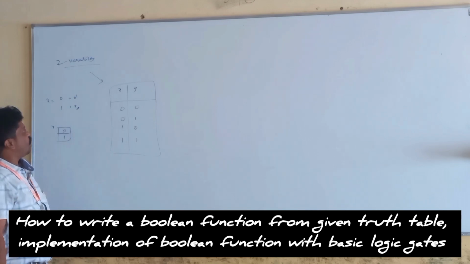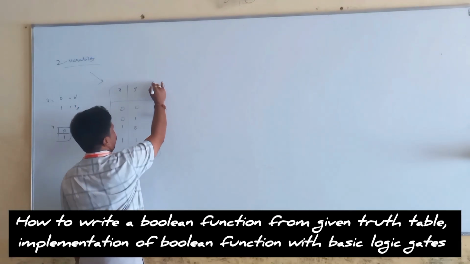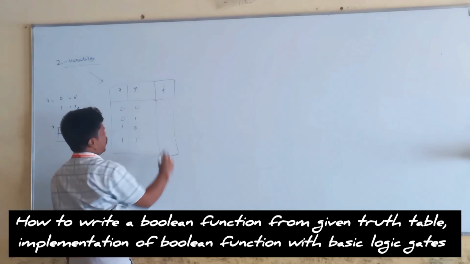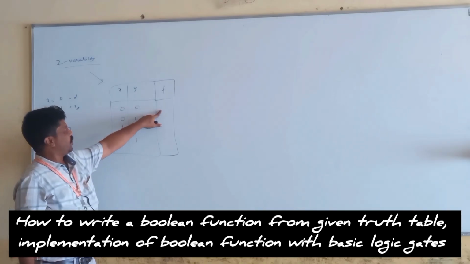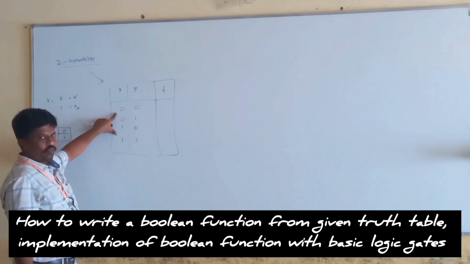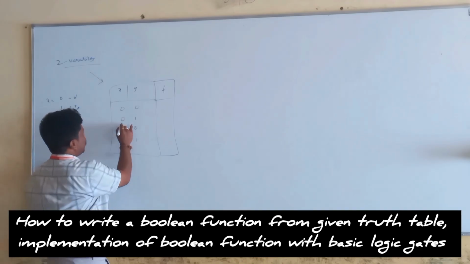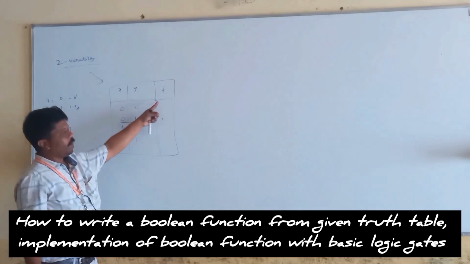Let me have one function here, and let the function be named f. This is the Boolean function. If any variable combination has a high position, that is to be considered a term in the Boolean function.